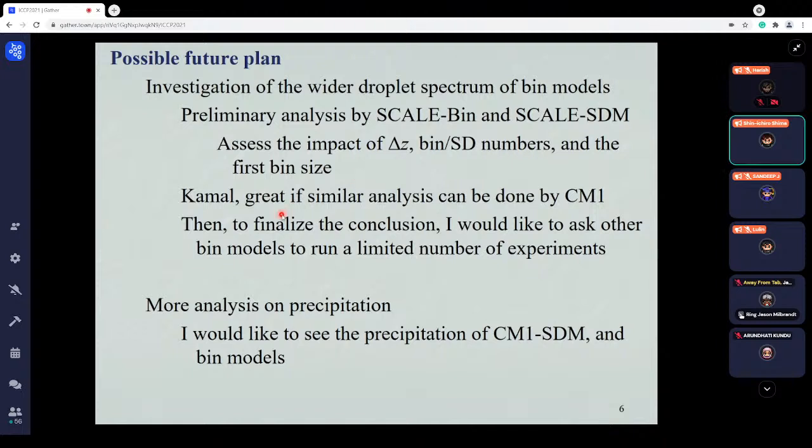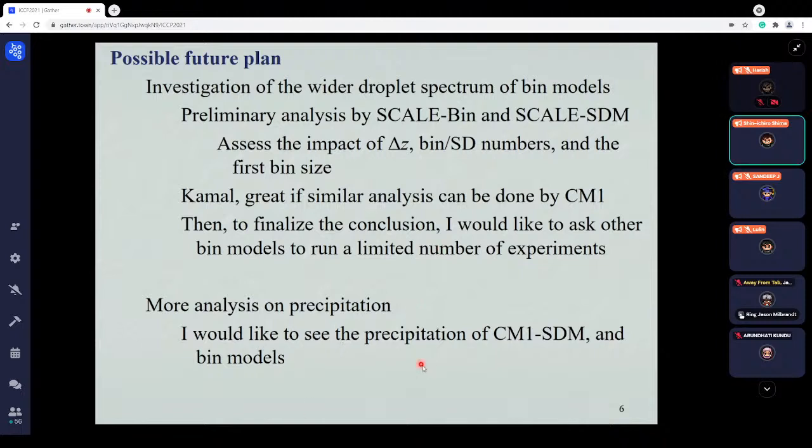And I would also like to ask Kamal, if possible, if you can do some similar analysis using your CM1 model, because you also have two types of schemes, the beam model and the particle-based model. Then after this preliminary analysis, I would like to ask all the other beam model participants to run a limited number of experiments to finalize our conclusion.